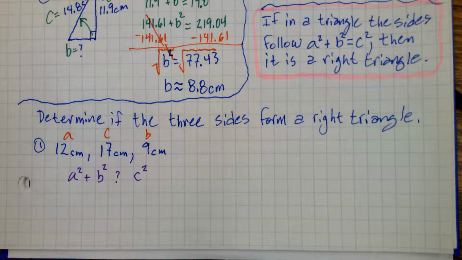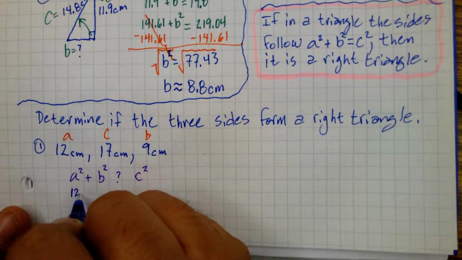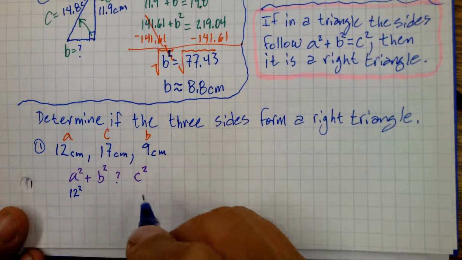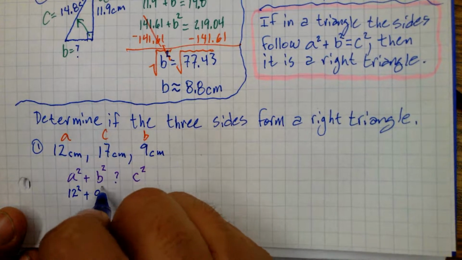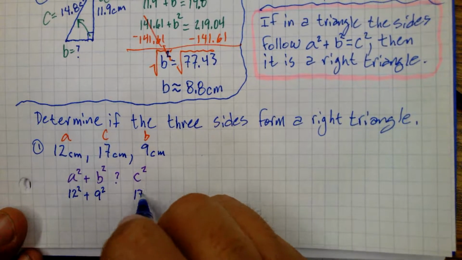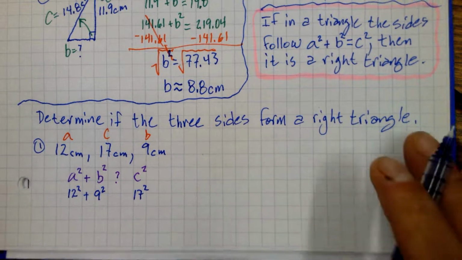Okay, well, plug-in time. So we have 12 squared plus 9 squared, and we're going to compare it to 17 squared.